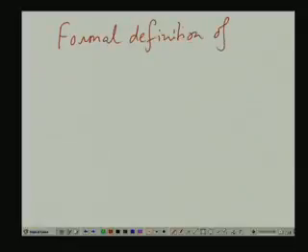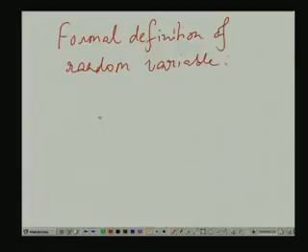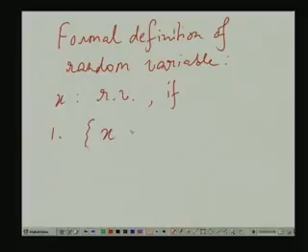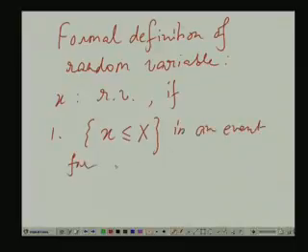Finally, formally we define the random variable like this. X is a random variable, RV stands for random variable, if number 1, this is an event for any given x.